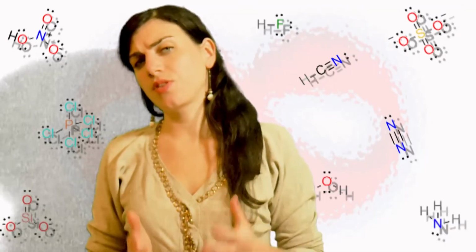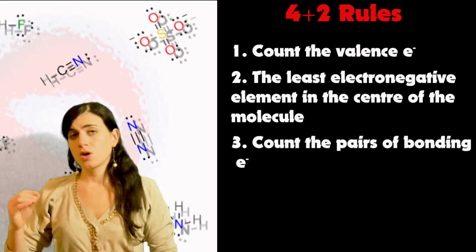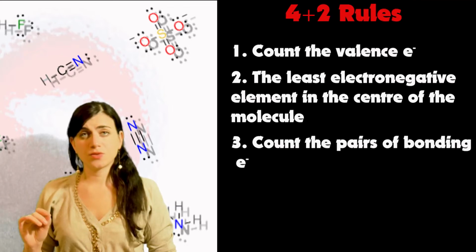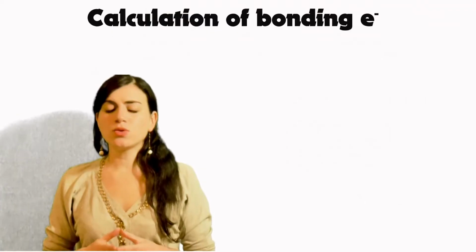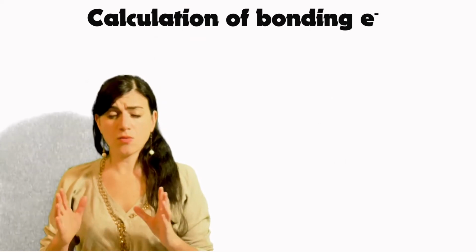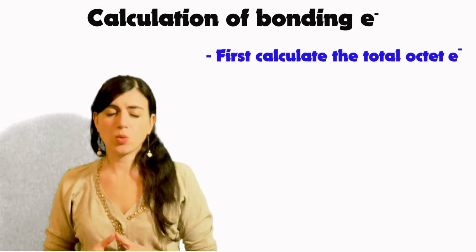Let's go now to the third rule. Calculate the pairs of electrons which are involved in the formation of bonds. How to do that? We have to calculate, first of all, the total octet electrons. What does it mean?